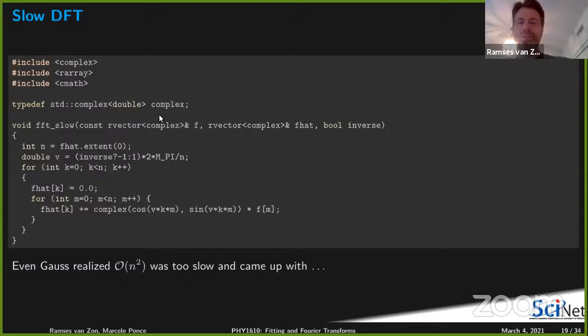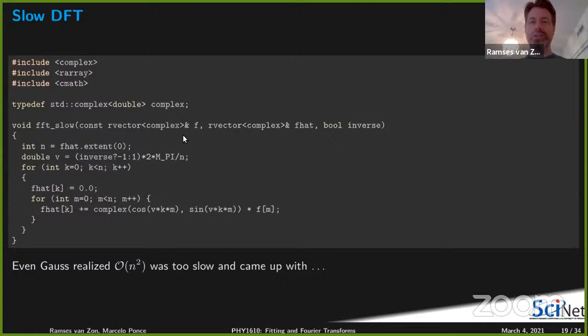And that's a bit much to write, especially if I'm going to embed it into other template things. So it's quite common to have a typedef where I say, whenever I say complex, I mean std::complex<double>. So complex here is another name for a double complex number.